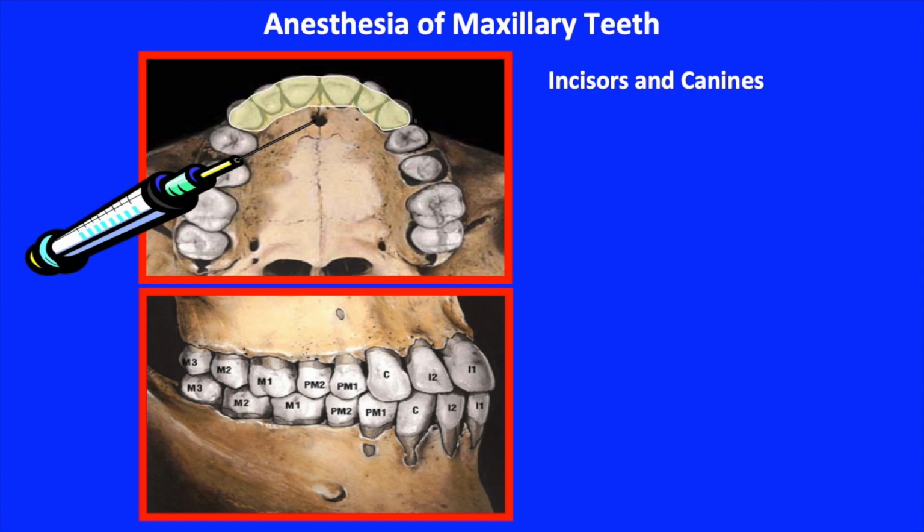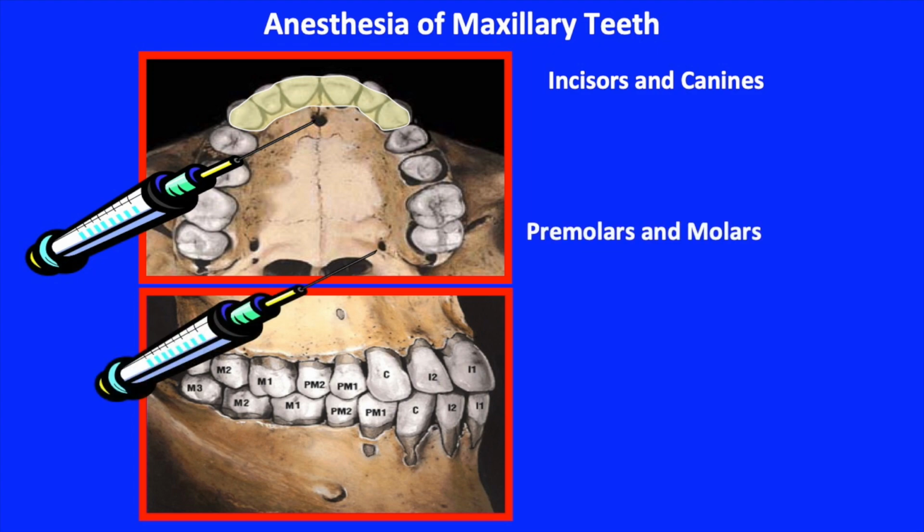This will anesthetize the oral cavity side of the front incisors and the canines. If you wish to anesthetize the premolars and molars, then you have to introduce anesthesia into the area of the greater palatine foramen. And now you have the whole set of upper teeth anesthetized on the oral side of the mouth. But wait, what about the vestibular side of the teeth?